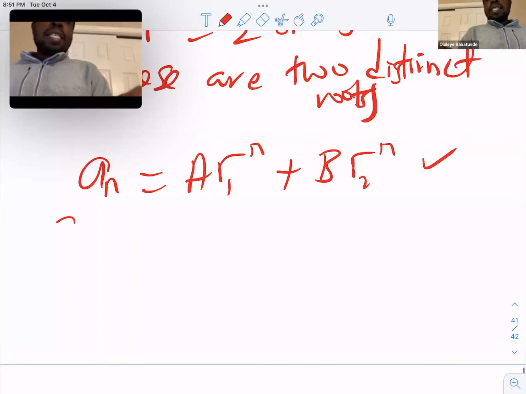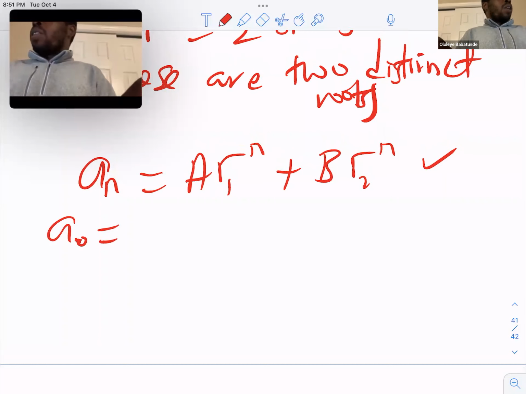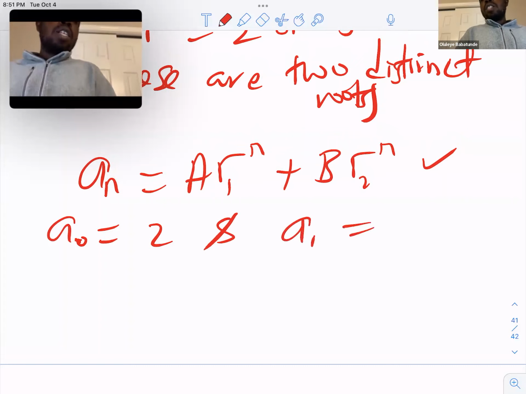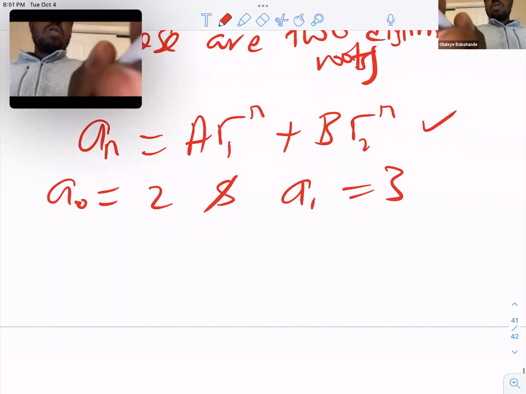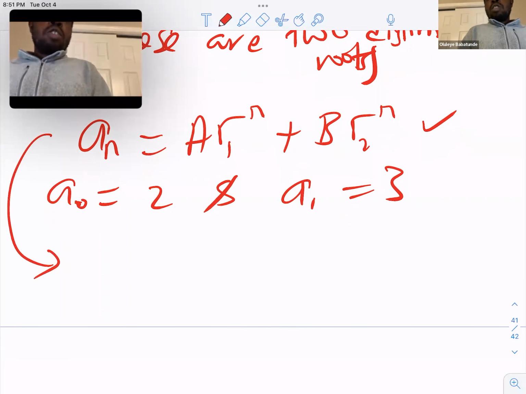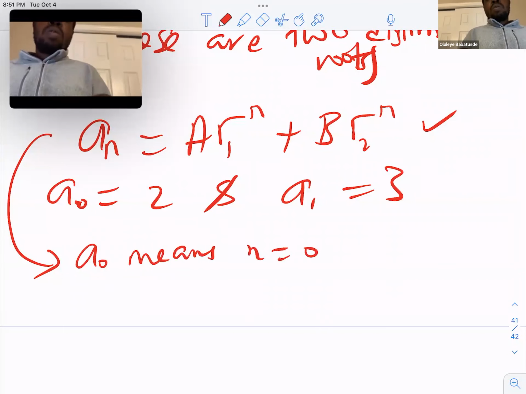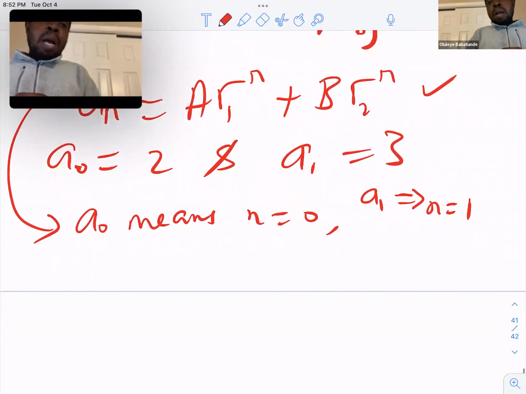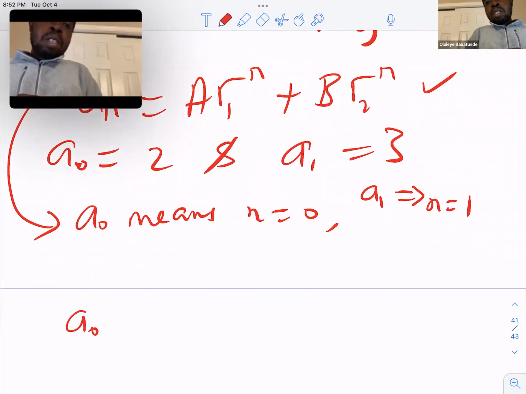We know that our a0 is 2, and our a1 is 3. So you come right here. Now a0 means n equals 0, and a1 means n equals 1.